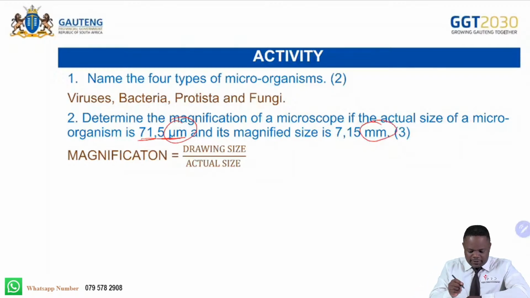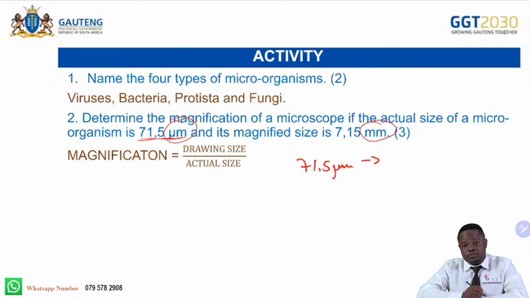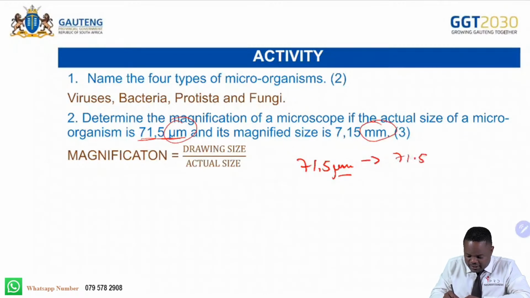So for example, our 71,5 micrometers, we can convert it to millimeters. And we said our micrometers to millimeters, what do we do? We divide by 1,000. So 71,5 divided by 1,000, we get 0,0715 millimeters.